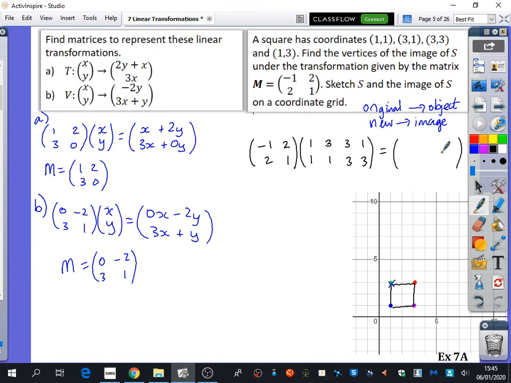If you want to, you can put it into your calculator, or you can do it manually and see what happens here. So what should we do? Calculator? Just for the fun of it? Let's quickly have a go at doing this on the calculator. Transforming all these points. So let's go on my matrix.